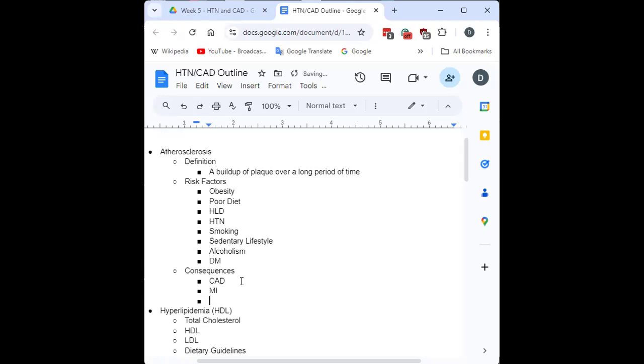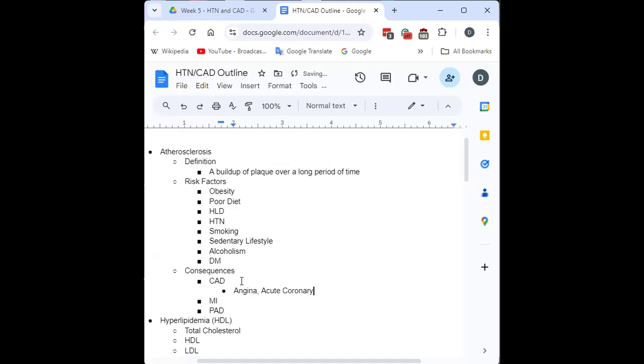Yeah, MI, and there's like one more big one. PAD as well. Sure. Angina is kind of a part of CAD, so CAD is like angina, unstable angina. I guess I'll just put angina, acute coronary syndrome, excuse me.